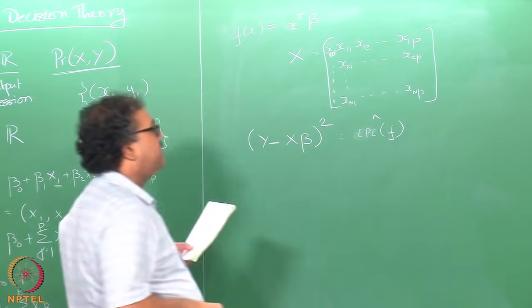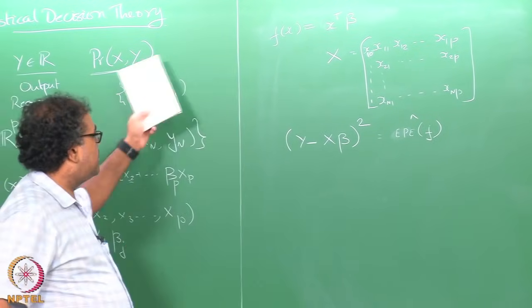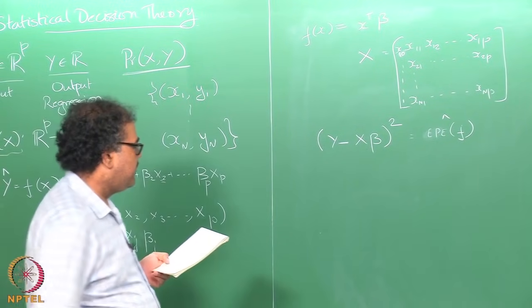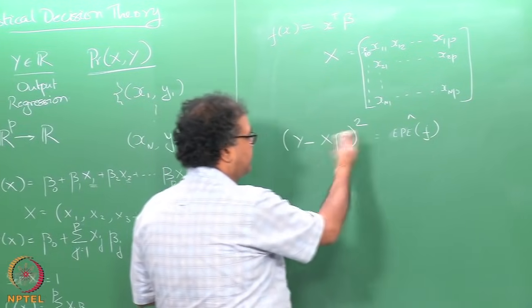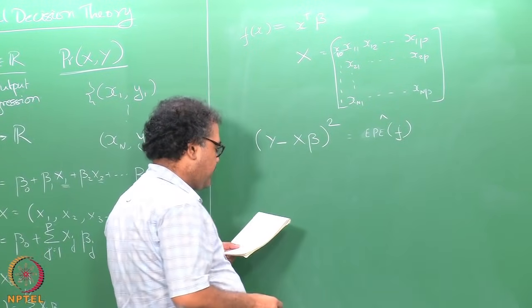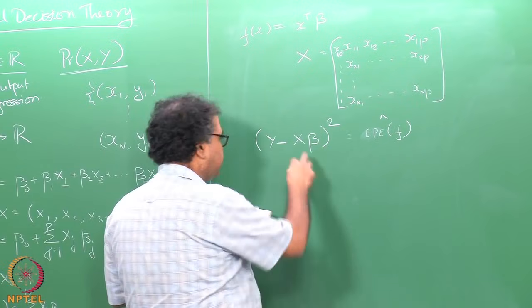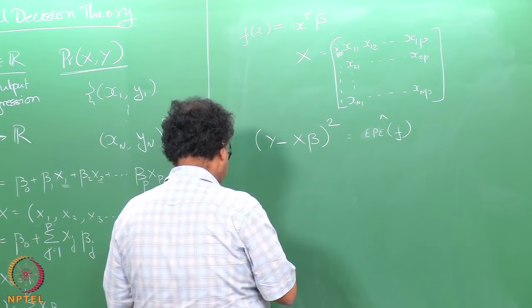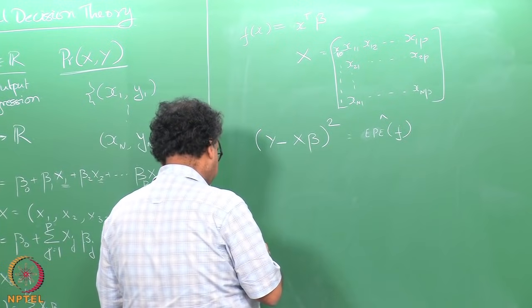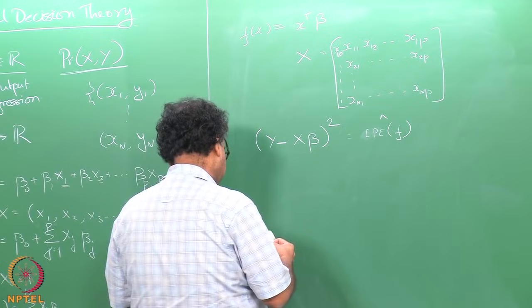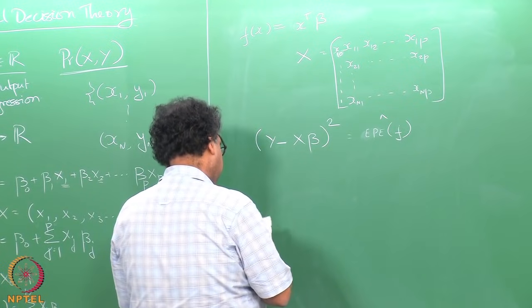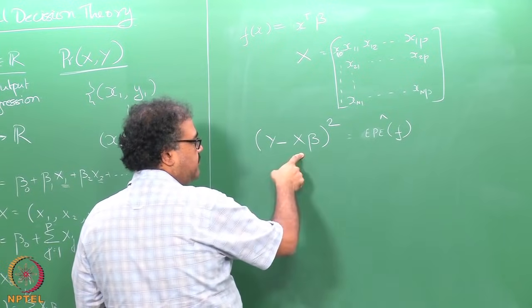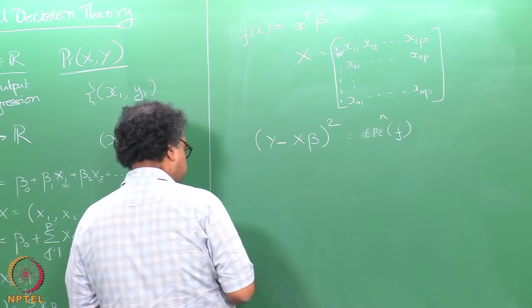That is going to be the estimate of the expected prediction error based on the training data that has been given to me, and I can minimize this. I can take the derivative, equate it to 0, and do some minimization to get the value of beta. Take the differential of this, equate it to 0, simplify for beta.